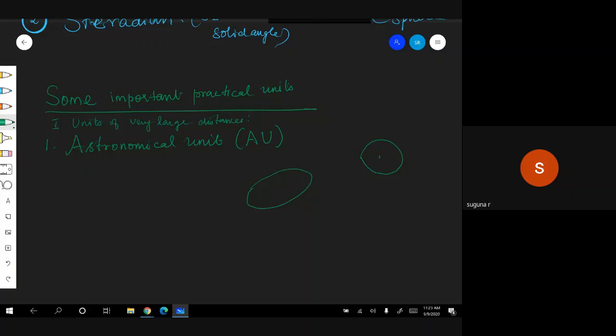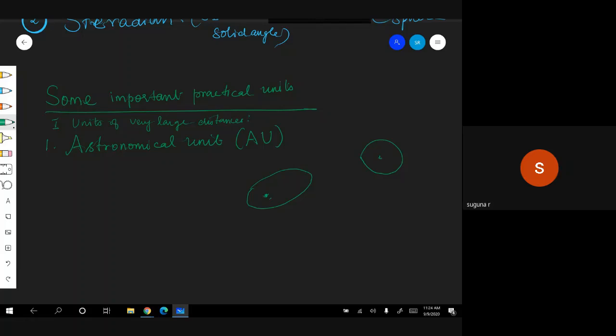It is not a perfect circle, don't bother. A perfect circle has only one focus, that is nothing but the center of the circle. But an ellipse has two foci. According to Kepler, every planet revolves around the sun with the sun at one of the foci of the ellipse. It won't be at the center, but near one end, somewhere here.